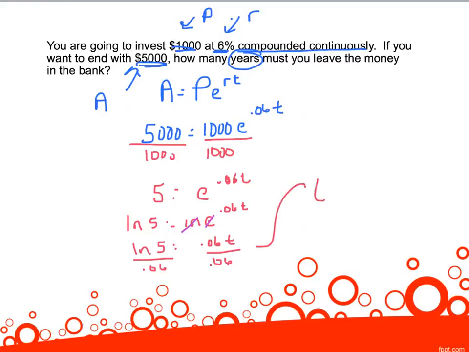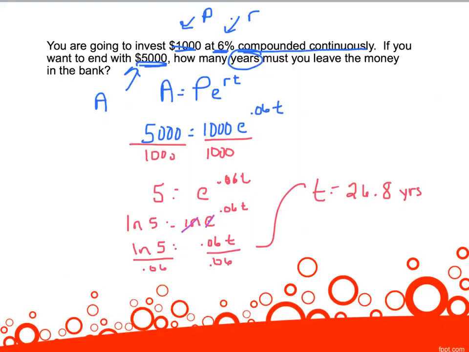And when I do that, let's go ahead and put that in the calculator. I'll just take the natural log of 5, divide by 0.06, and I get 26 point, and since we're looking at years, let's just go to the nearest tenth, 26.8 years.